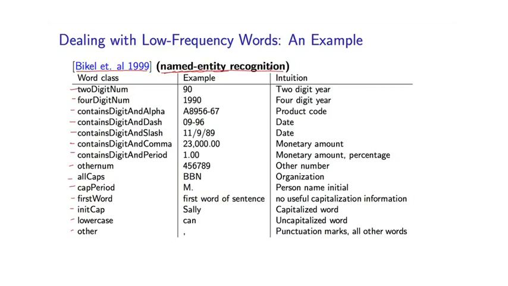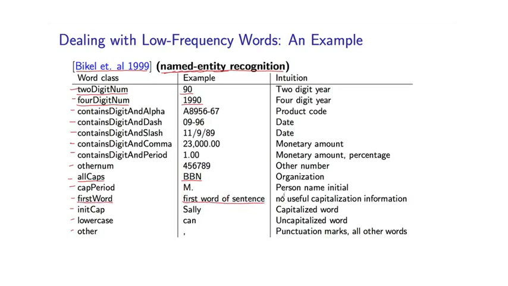So for example, if they see a low frequency word consisting of 2 digits, they map this to a class called 2-digit num. 4 digits, 4-digit num. Let's look at some others. A word which is all capitals gets mapped to a word called all caps. Anything which is the first word of a sentence is mapped to a symbol called first word.